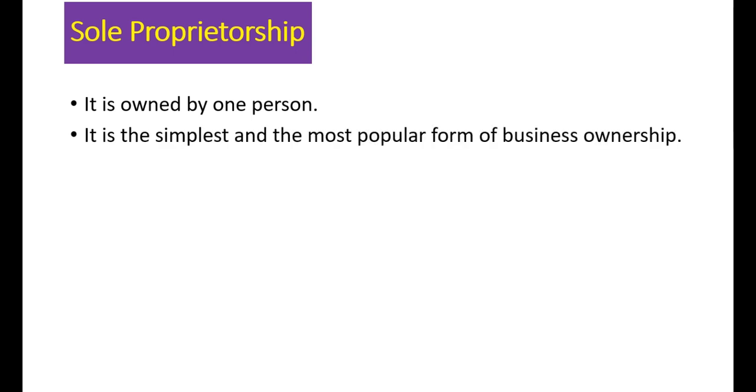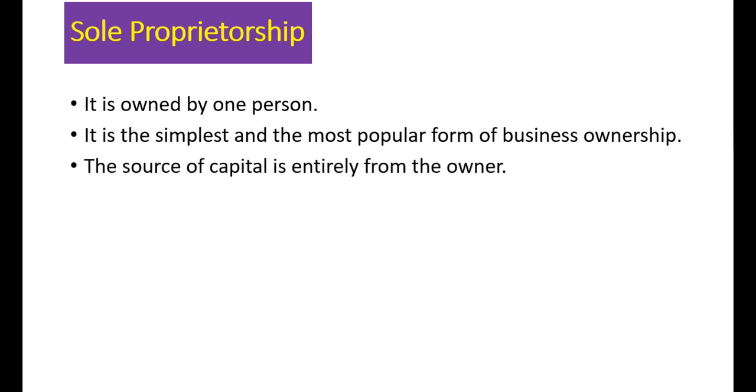Number 1. Sole proprietorship, also known as sole trader. It is owned by one person. It is the simplest and the most popular form of business ownership. The source of capital is entirely from the owner.